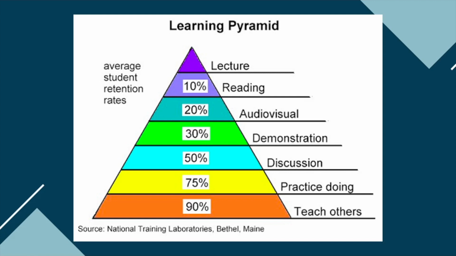The learning pyramid model suggests that some methods of study are more effective than others and that varying study methods will lead to deeper learning and longer-term retention. The question is, how will you conduct your micro-teaching activity?